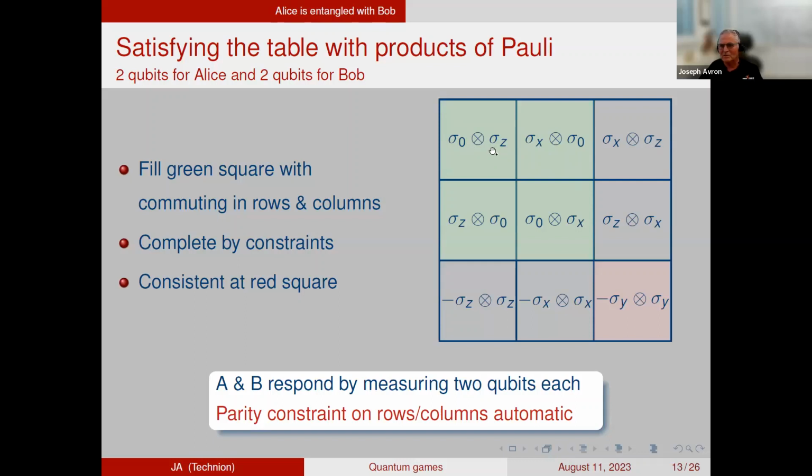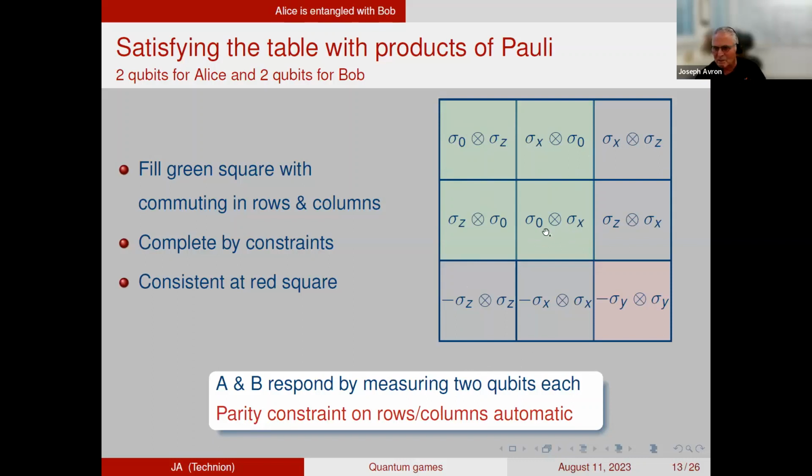And it's also easy to see that this pair of matrices commute. So the matrices in every row commute. And similarly, matrices in every column commute. And the product of entries in every column would be -1.